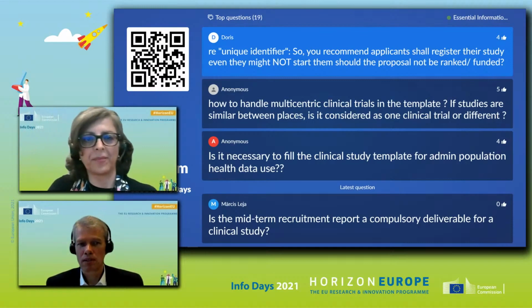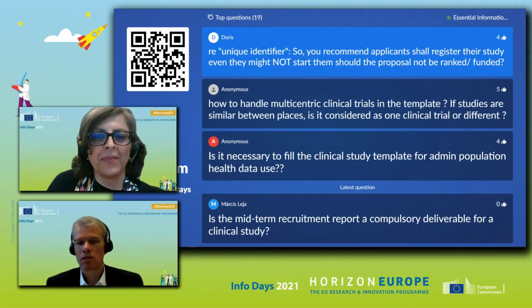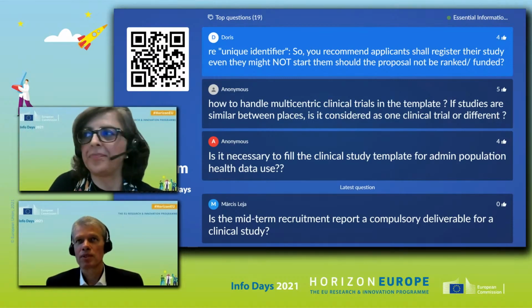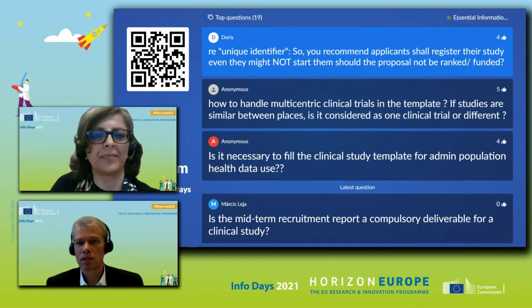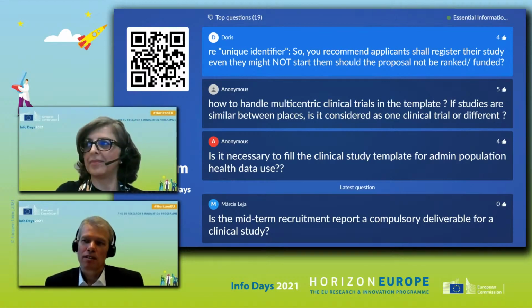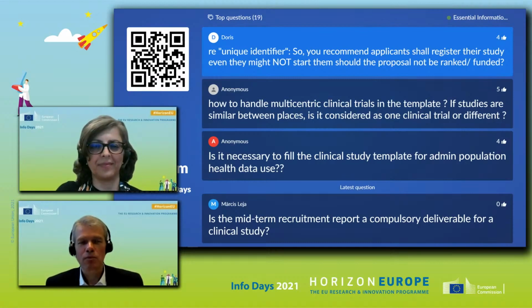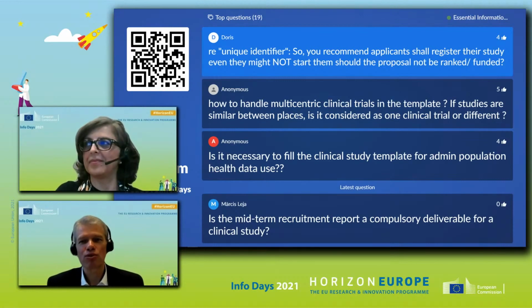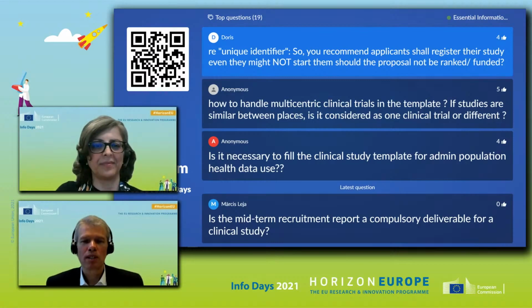In all other cases, if there are major differences between the clinical studies, I would advise that you handle them separately. I would say that the best practice would be if you combine the data, that you draw this plan into one single clinical study protocol and try to handle the minor differences within that one document.